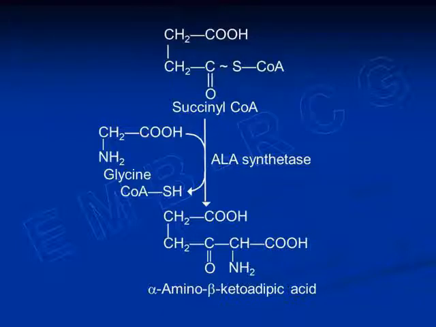Now, as you can see in this diagram, succinyl CoA will get condensed with glycine into alpha-amino beta-keto adipic acid. The enzyme that helps is ALA synthase.